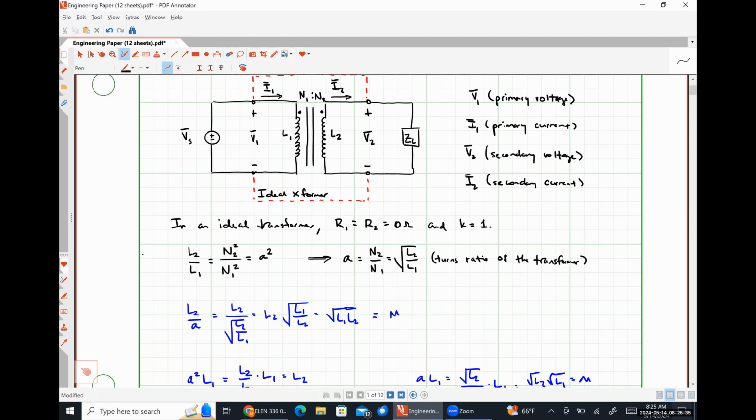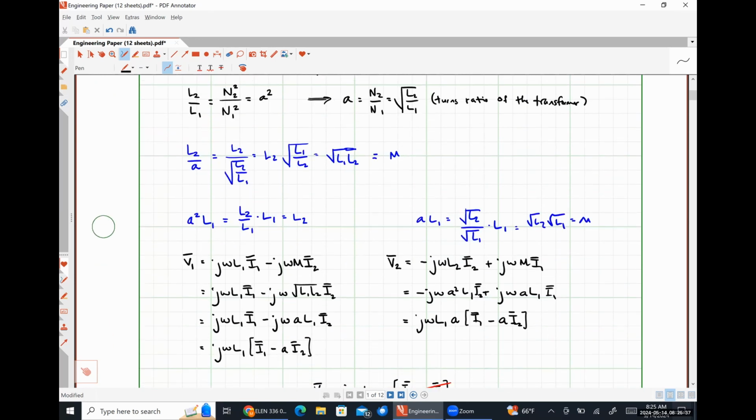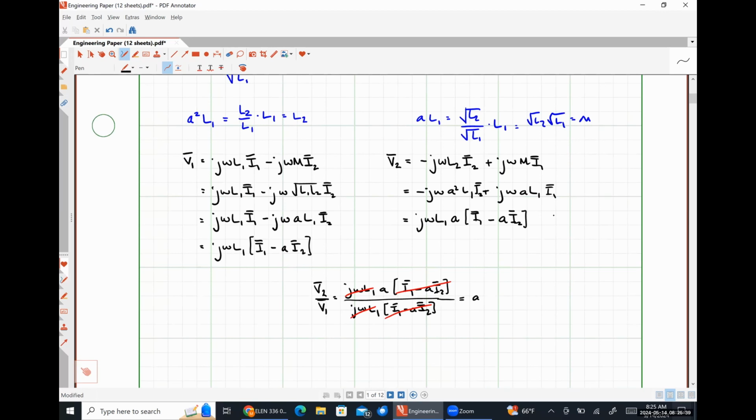All right, so what does this relationship tell us? Well, effectively, it tells us that if we can figure out what the voltage is at either our primary voltage V1 or our secondary voltage V2, we immediately know what the other voltage is because it's either scaled up or down by a factor of A, depending on which one we know, right?